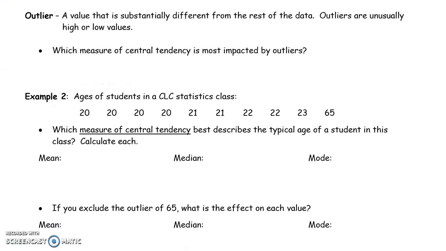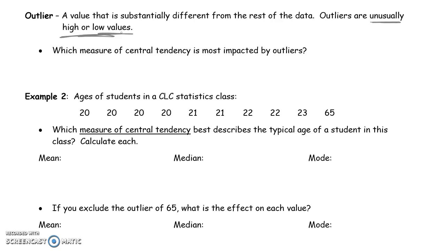So let's define outlier just a little bit more. An outlier is a value that's substantially different than the rest of the data, or it's unusually high or low. That has a big impact on the mean.